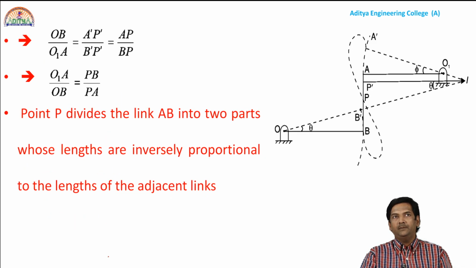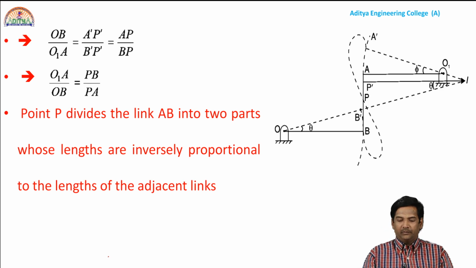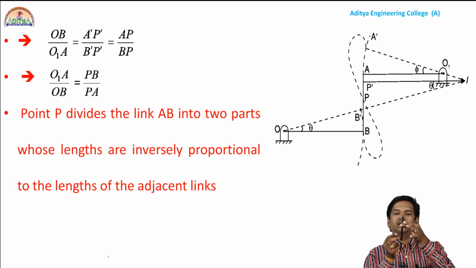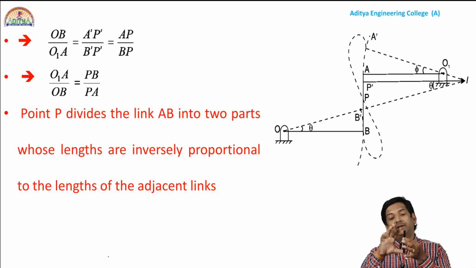And A dash P dash by B dash P dash in the new situation will be equal to the old situation, AP by BP, because once you have AB like this and P in between, even if it is tilted to the left or right, the length ratio between P to A and P to B always remains constant. So A dash P dash by B dash P dash is equal to AP by BP.